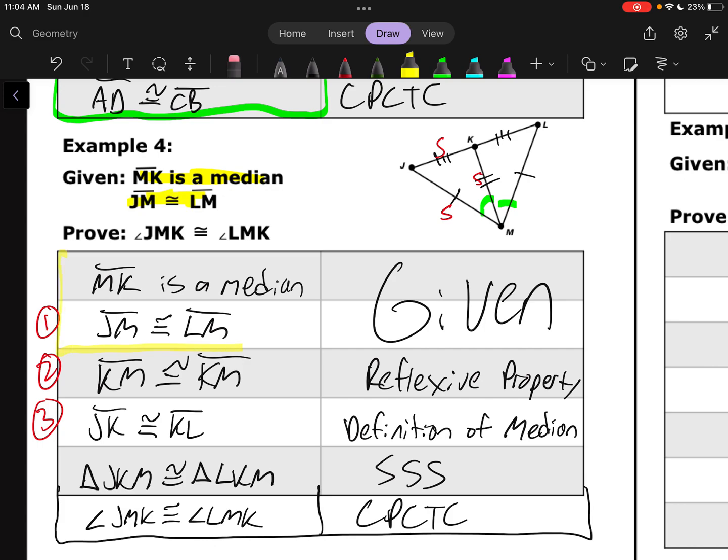Silly me, I didn't do my normal highlighting. All right, so same strategy, right? Get your three congruent things, get your triangles congruent, and then you can accomplish the other thing by proving the angles to be congruent.